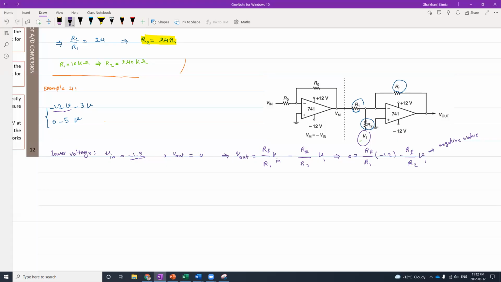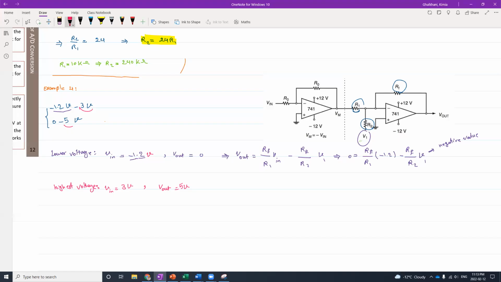Now, first let's write the other equation, which is for the highest voltage. How about the highest voltage? The lowest was minus 1.2, and the highest is 3 volts. Then I have the input equal to 3 volts, and the analog to digital V out equal to 5.